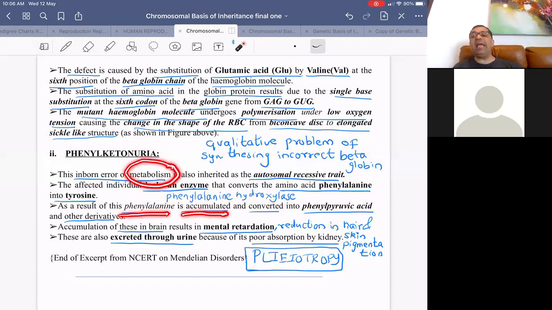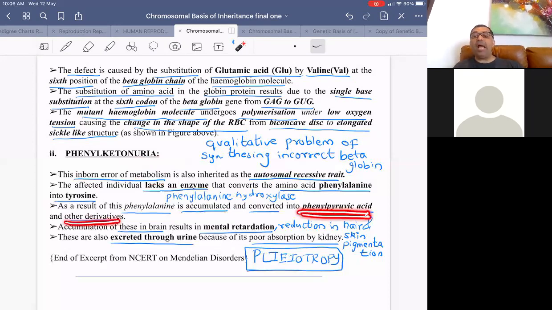its metabolism will change. It will undergo a different chemical pathway, and instead of tyrosine, it will undergo metabolism to form phenylpyruvic acid.